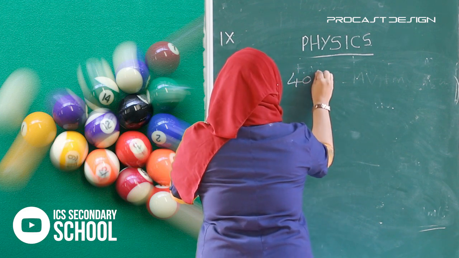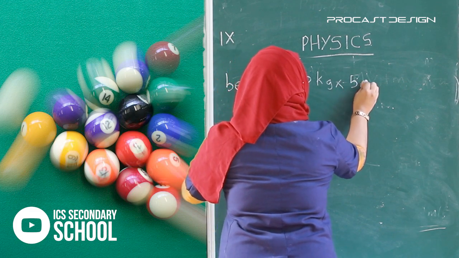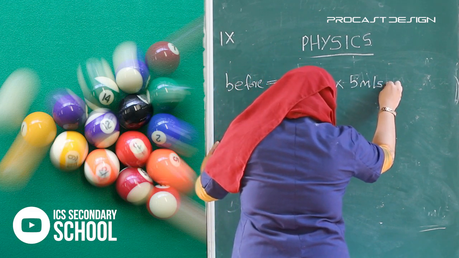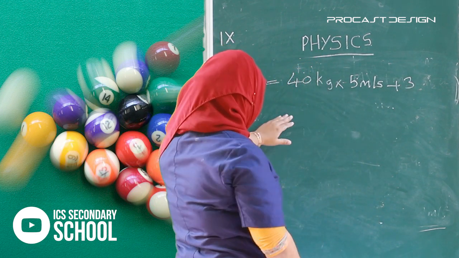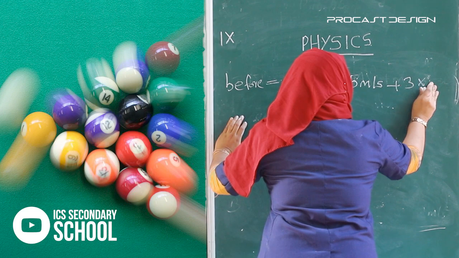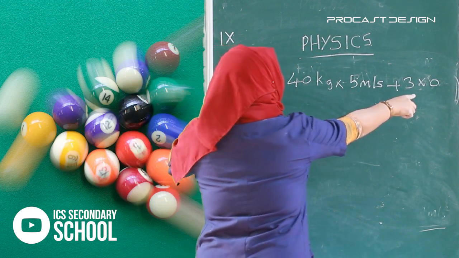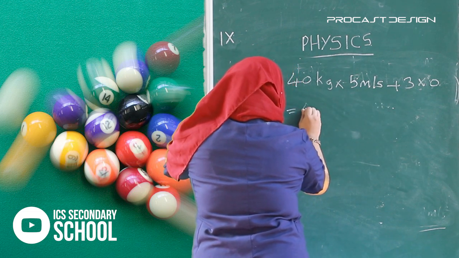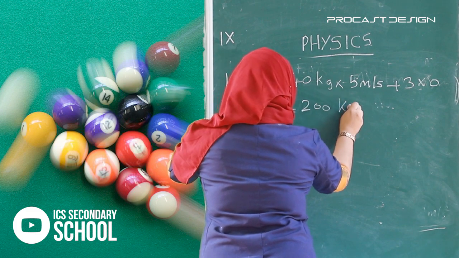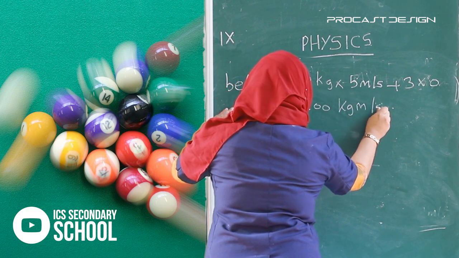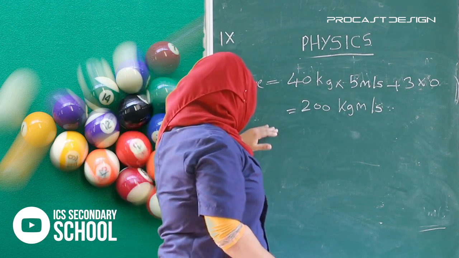The mass of that boy, 40 kilogram, into 5 meter per second, its velocity, plus 3, the mass of that skating board. Does it have velocity before? No, so write 0. Then we get 200 kilogram meter per second.